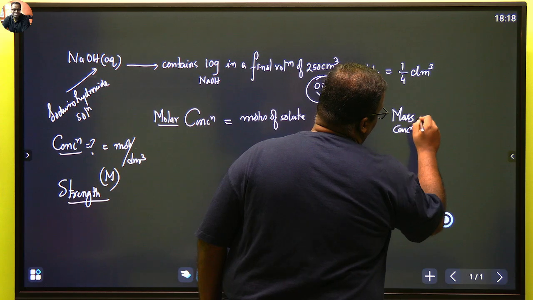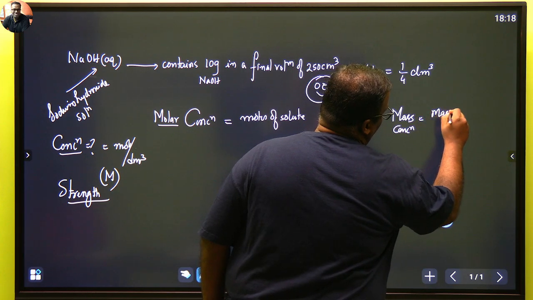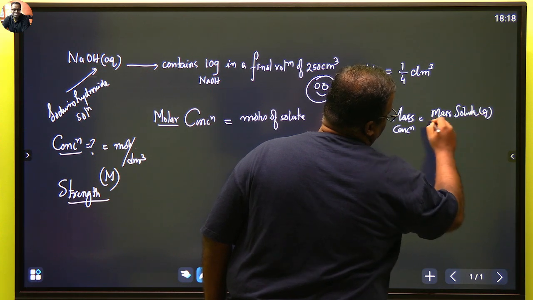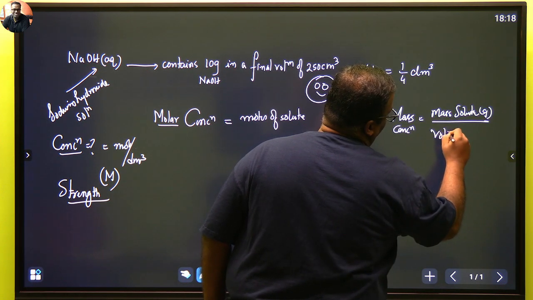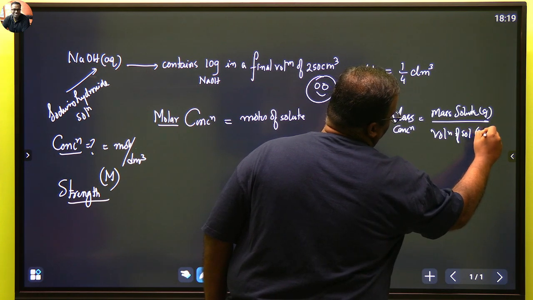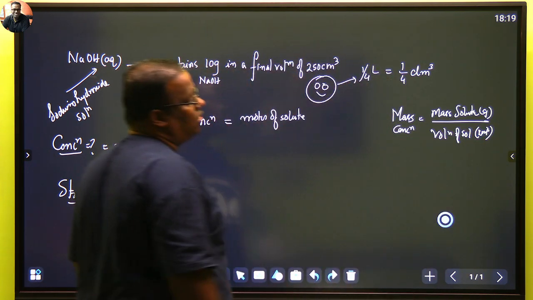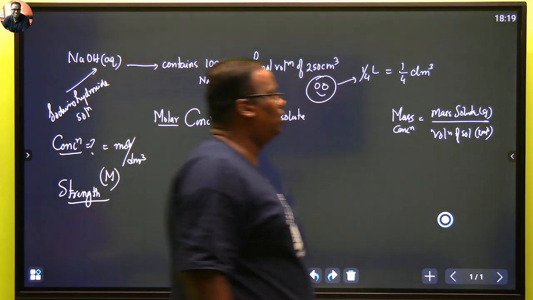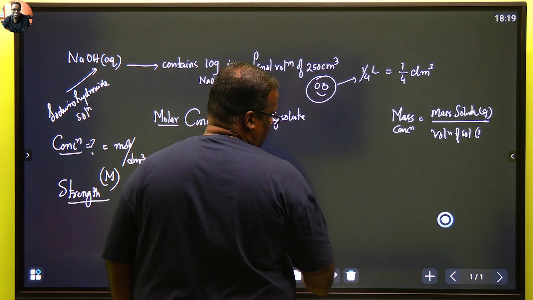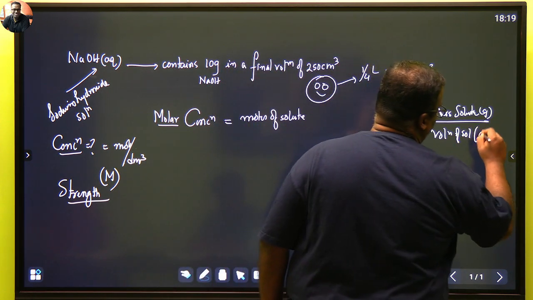Mass concentration is given as mass of solute in grams divided by volume of solution in cm cube, or dm cube as you want. We'll keep it as dm cube.